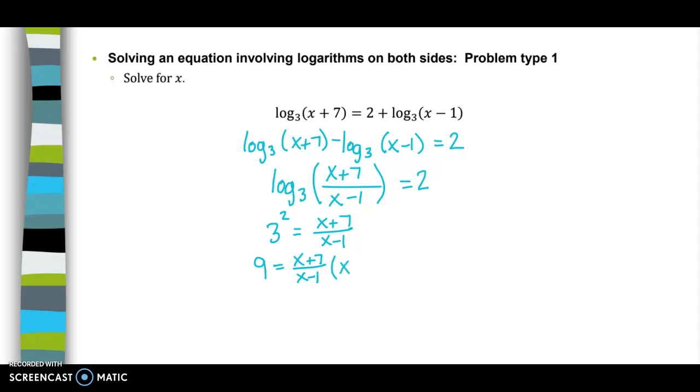I can go ahead and get rid of that denominator by multiplying by x minus 1 on both sides. So I'm going to get 9x minus 9 from multiplying this 9 in, is equal to, those go to 1, x plus 7. Now let's subtract x on both sides.